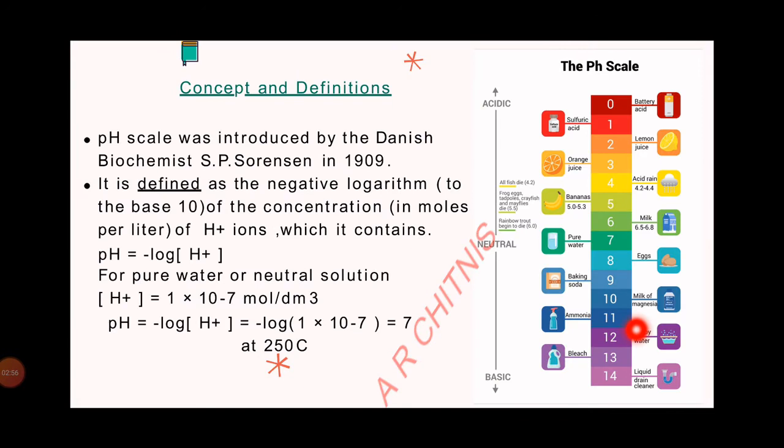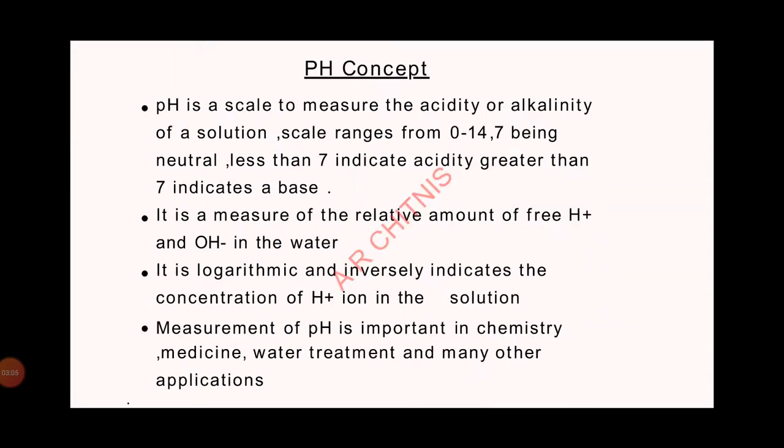So this is about the pH scale. It is defined as the negative logarithm to the base 10 of the molar hydrogen ion concentration. pH is a scale to measure the acidity or alkalinity of a solution. The scale ranges from 0 to 14, 7 being neutral, less than 7 indicating acidity, greater than 7 indicating base.